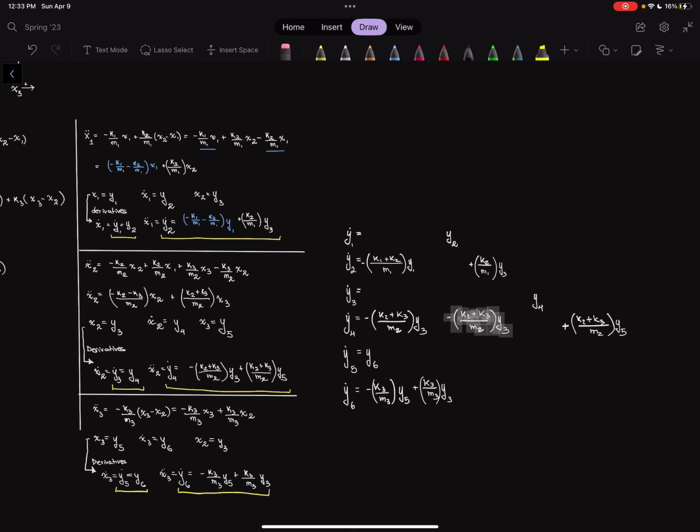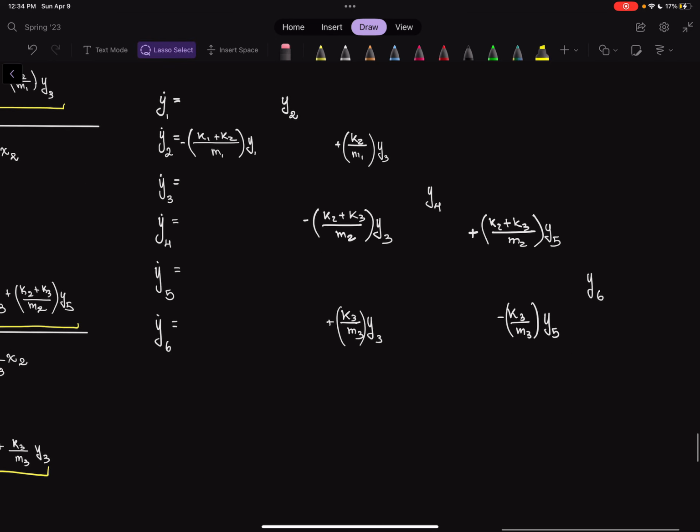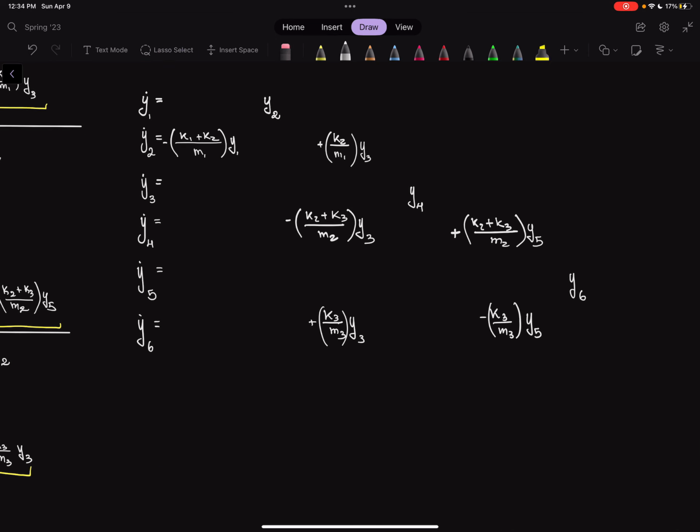That's going to move right here. y2 can be moved here. y6 goes all the way down here. And then we have y3, which can be put right here, and y5, which can be put right here. Now, we fill up the rest with 0.